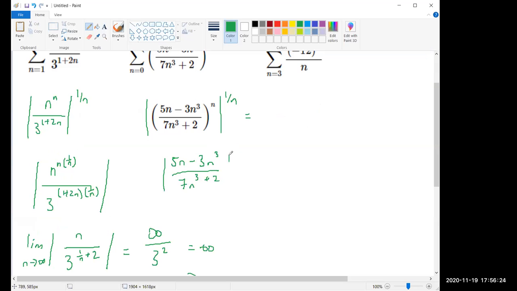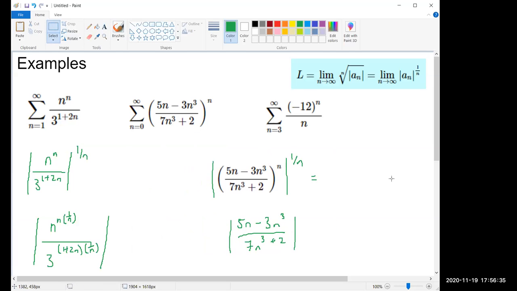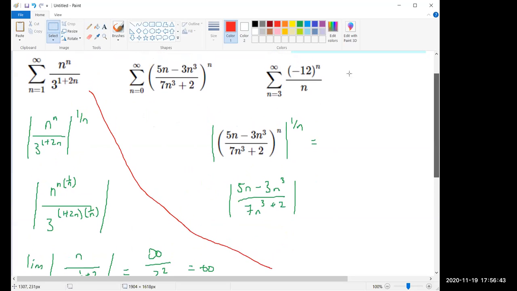So let's take the limit of that. Let me move this over just so you guys don't confuse the work. Okay, so limit as n goes to infinity.